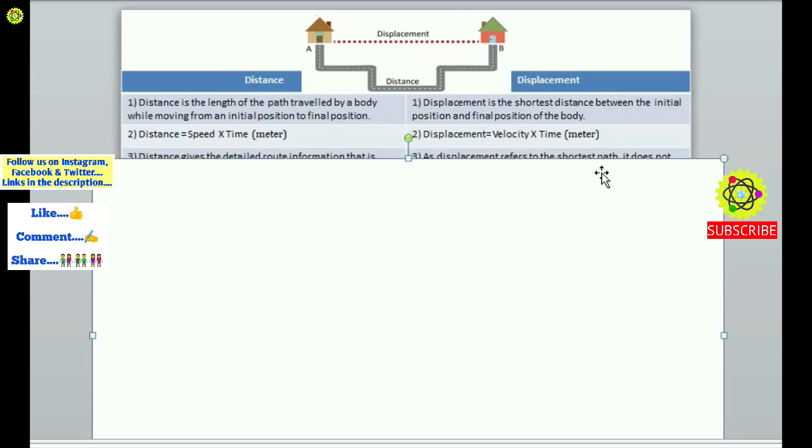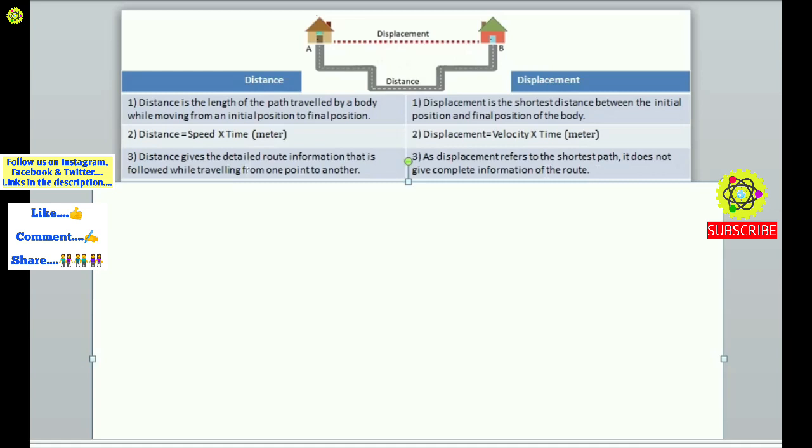Now further, distance gives the detailed route information that is followed while traveling from one point to another. As you can see here, this route gives the detailed information followed by the body to reach from point A to point B. As displacement refers to the shortest path, it does not give complete information of the route.